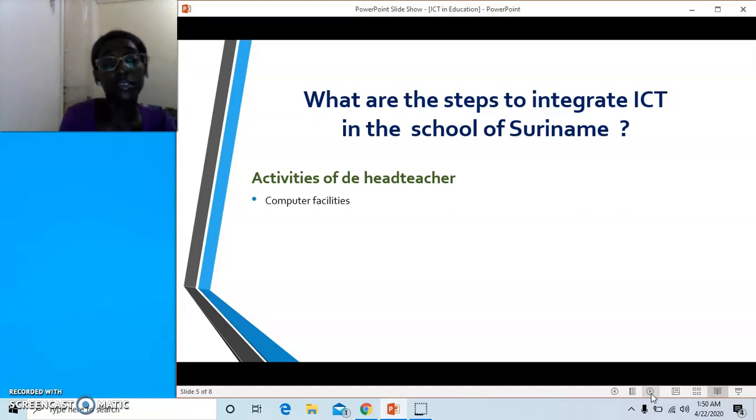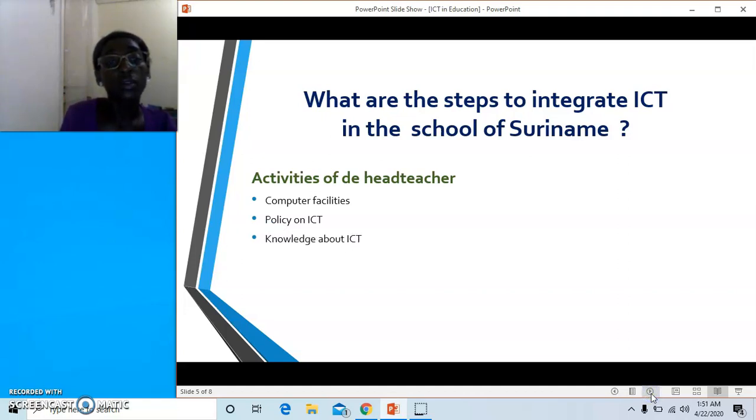That means the computer rooms. The person has to have a policy on ICT. If you want to integrate ICTs in the schools, then you have to have a policy at school.